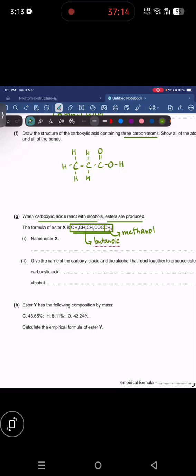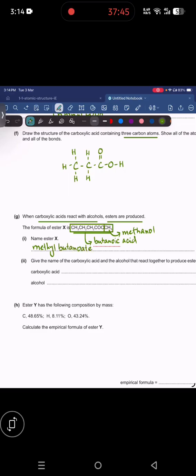The name of the ester? Yes, methyl butanoate. Very good.